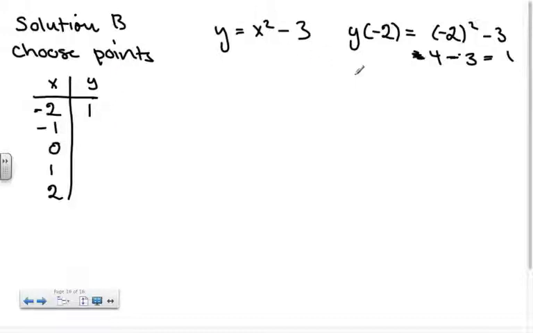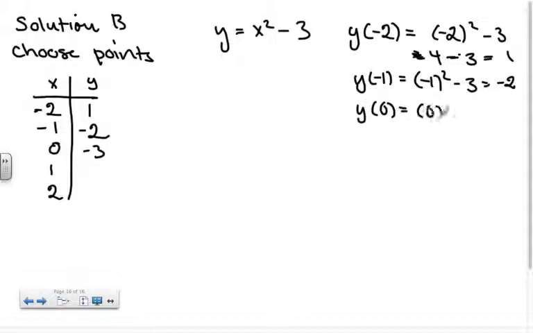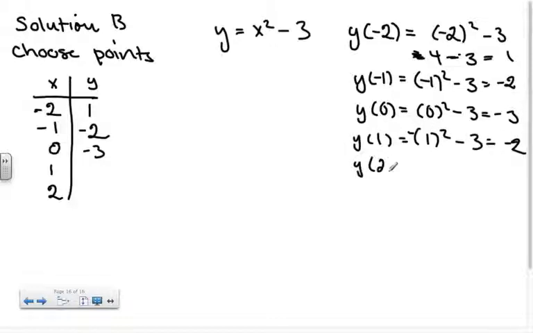And then next I have y of negative 1, which is negative 1 squared minus 3, which is negative 2. Y of 0 is 0 squared minus 3, which is negative 3. Y of 1 is 1 squared minus 3, which is negative 2. Y of 2 is 2 squared minus 3, which is of course 1.